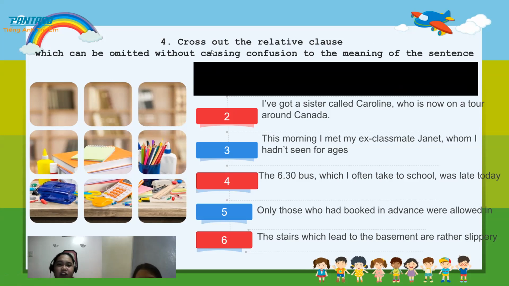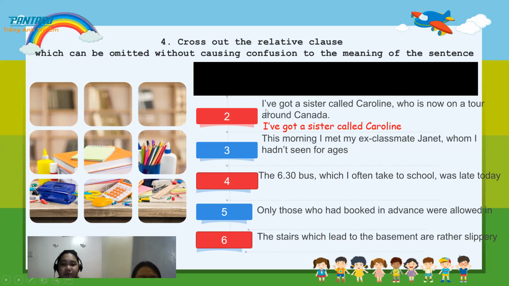Again, cross out the relative clause, which can be omitted without causing confusion to the meaning of the sentence. So you have to cross out the relative clause. I will give this as an example.